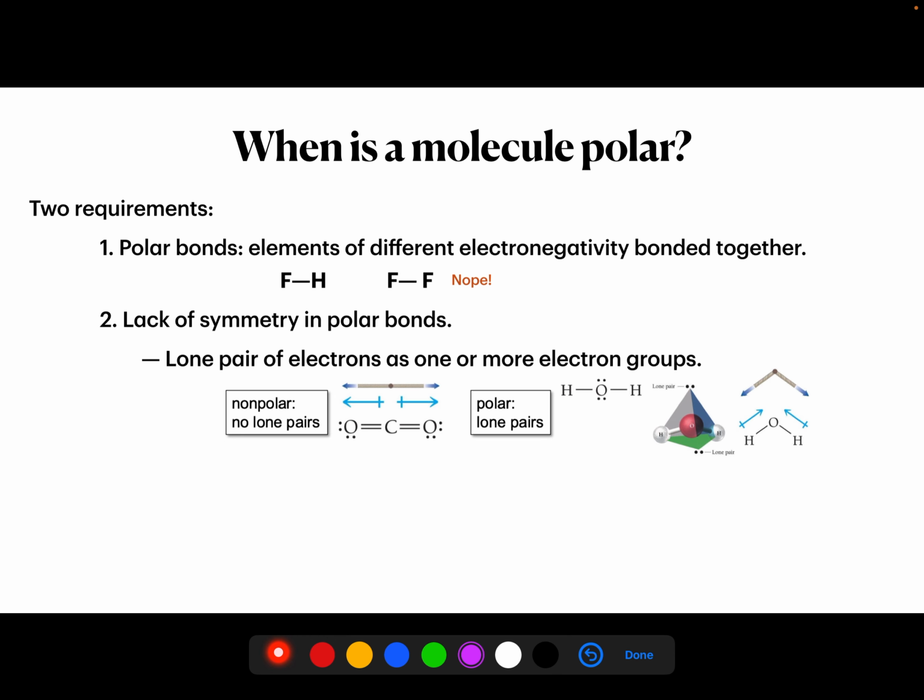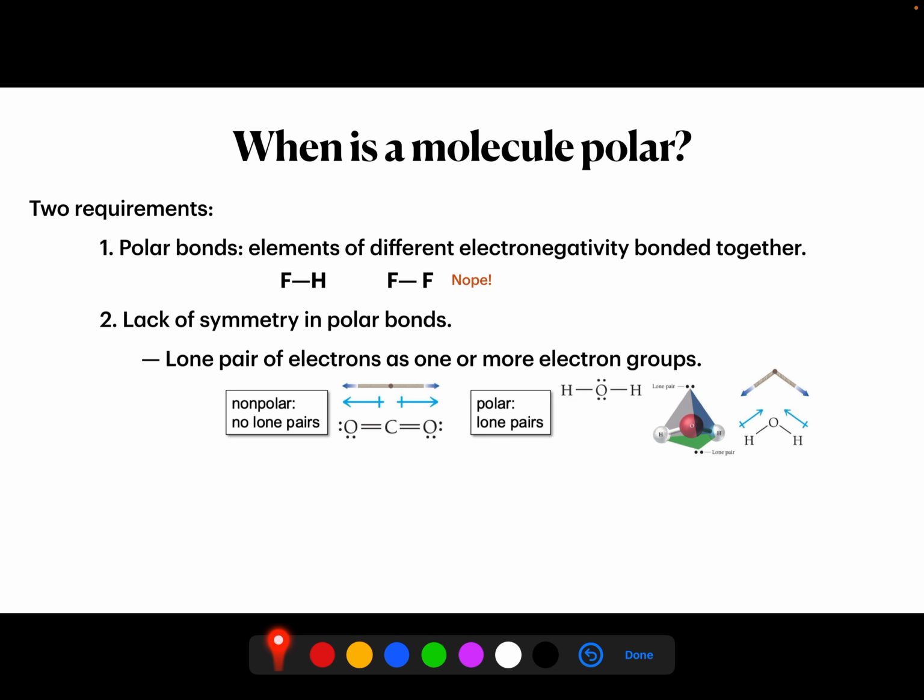So when could that happen? Well, if there are lone pairs in the molecule, like there are here in the water molecule, then you're definitely going to have a polar molecule.